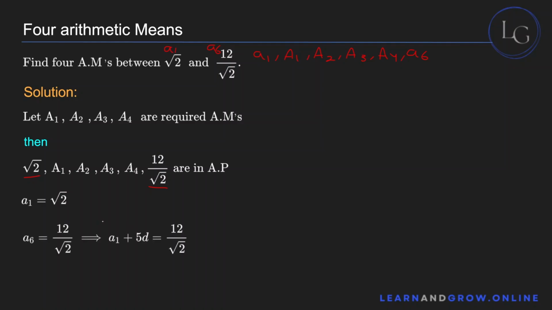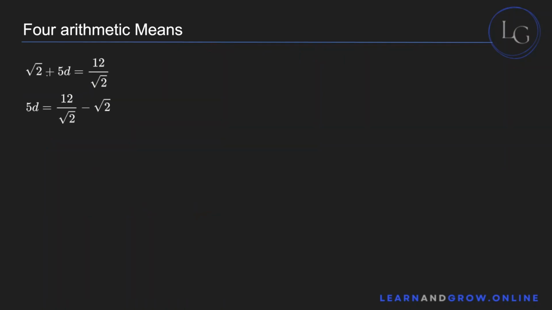When we apply the formula, an is equal to a1 plus n minus 1 into the common difference d, we have to find the common difference. So when you plug in the values and do all the calculations, we get that the value of d, the common difference, is 2 over under root 2. Sorry, it is under root 2.